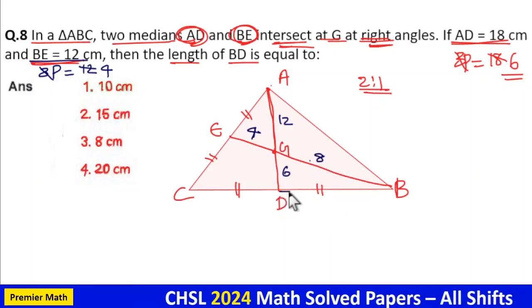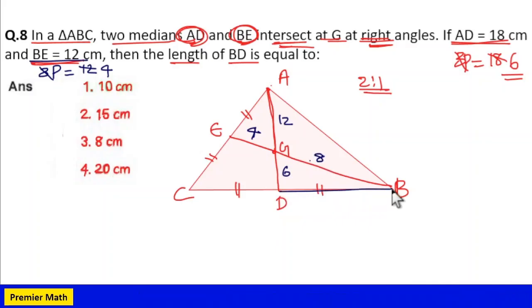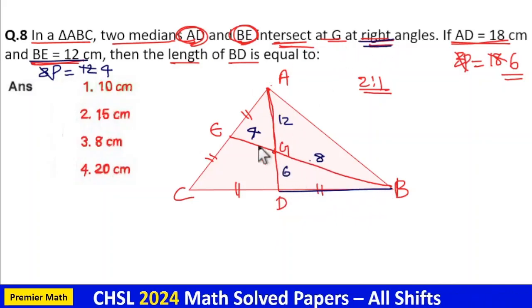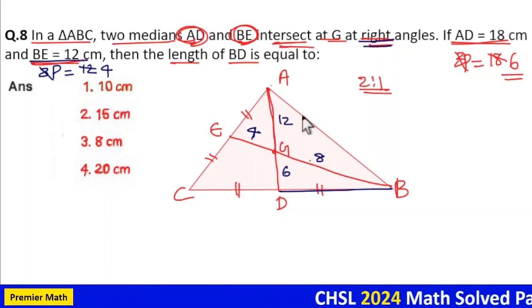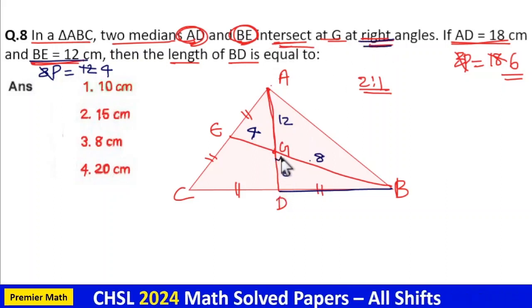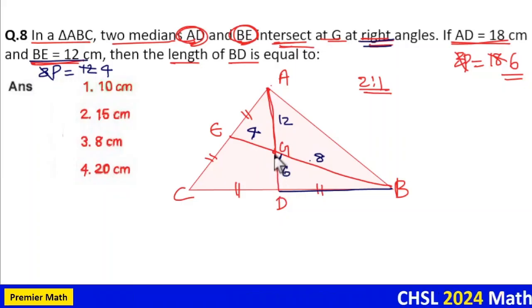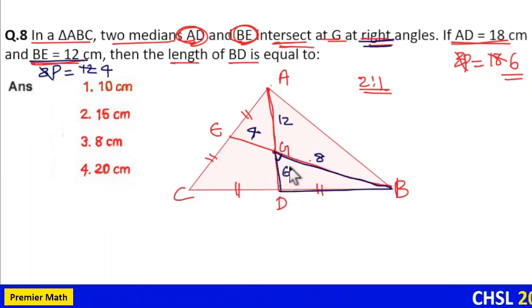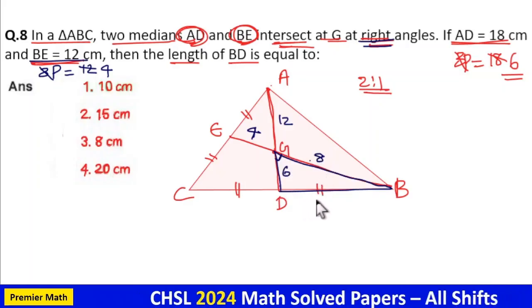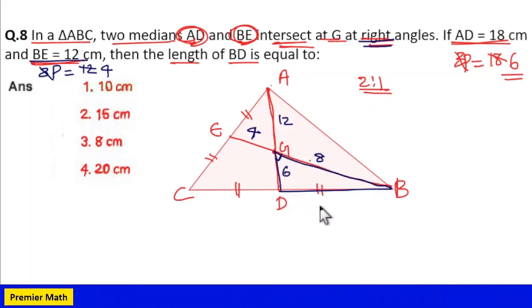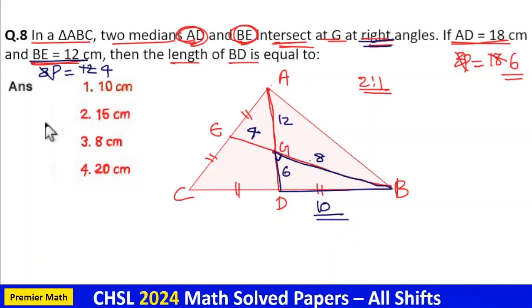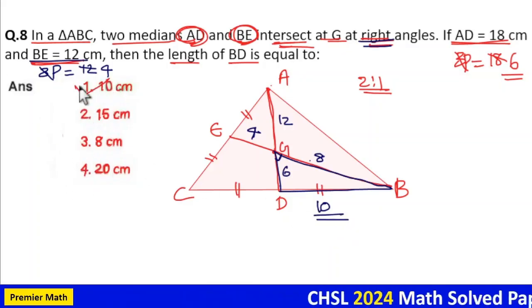Now we need to find the length of BD here. And the question says these two medians intersect at right angle. So this angle is 90 degree, which means this is a right angle triangle. In that case, one side is 6, the other is 8. Then the third side must be 10 centimeter. So option 1 is your answer.